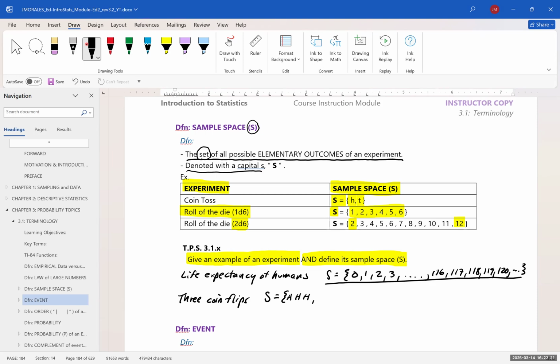You could have 2 out of the 3 being heads, in which case you could have any of these combinations: the first 2 would be heads and the third one would be tails, or the first and the third one are heads and the second one is tails, or the first coin was tails and the last 2 were heads. Or instead of having 2 heads out of 3, you could have 1 head out of 3.